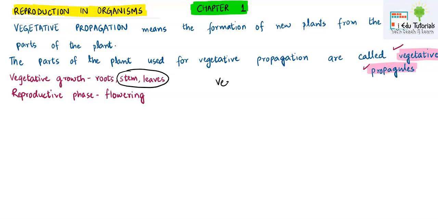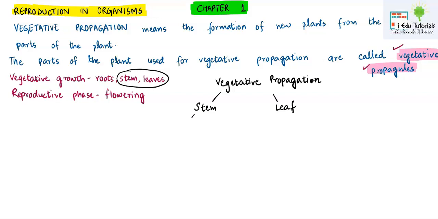The term vegetative propagation is used when we are talking about plants. Once enough vegetative growth happens, only then does the plant enter the reproductive phase. Here we will study vegetative propagation by stem and vegetative propagation by leaf.